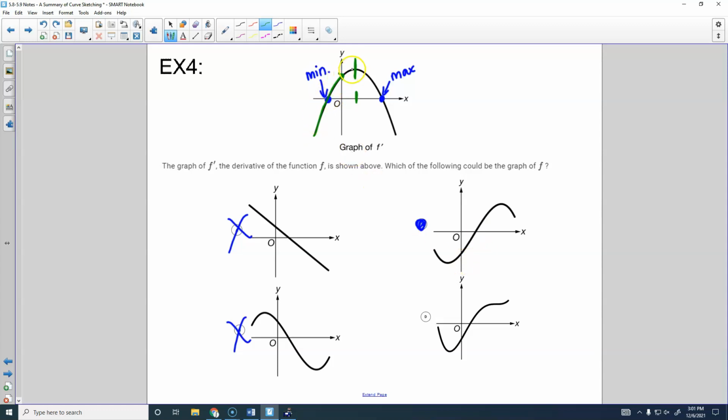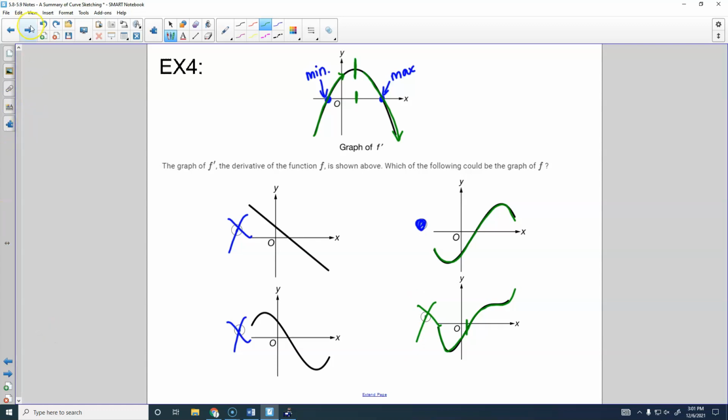So if this graph is increasing, it will be concave up, and this one is concave up to about right here. It probably switches much closer here. Then we should be concave down for the rest of the time because our derivative is decreasing. This one's concave down everywhere. This one's concave down, but then it switches back to concave up. So D is out, and C is your best answer.